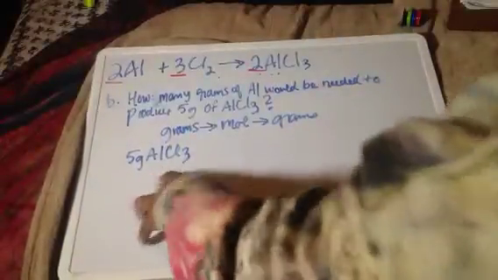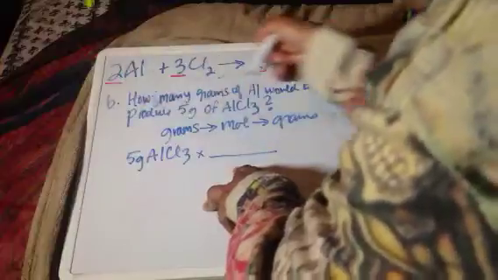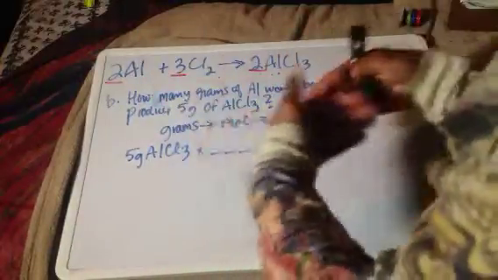So we're going to start with that. We have grams here, times, and we're trying to get this in moles so that we can begin referencing this information and relating them to each other.